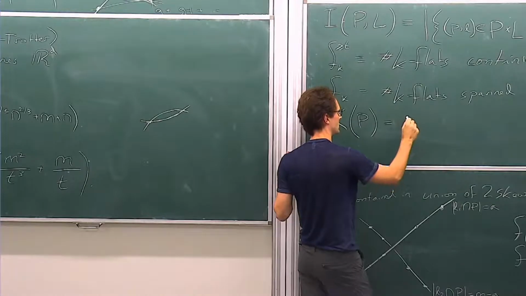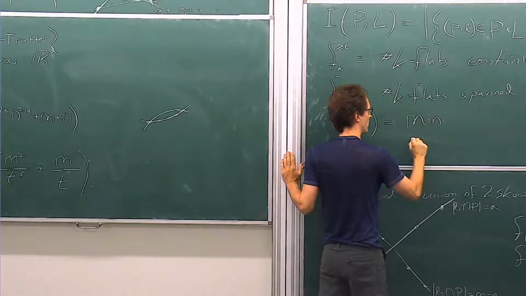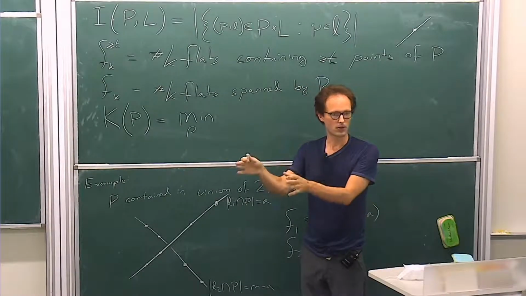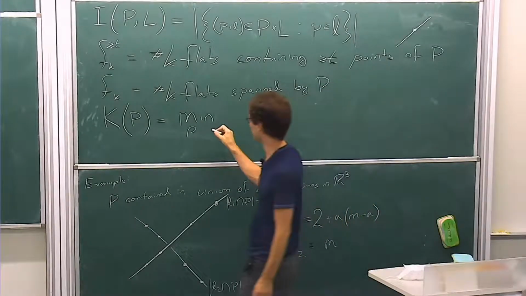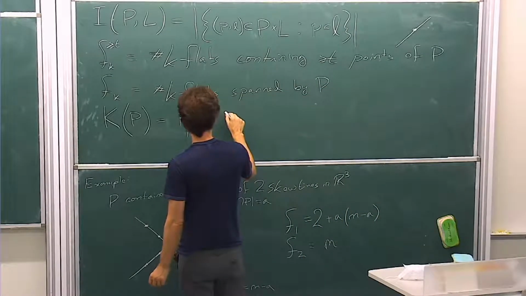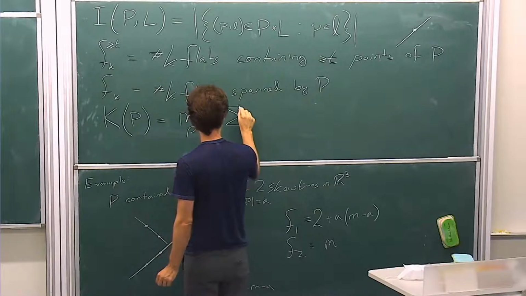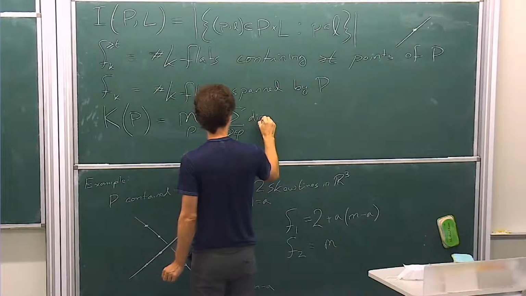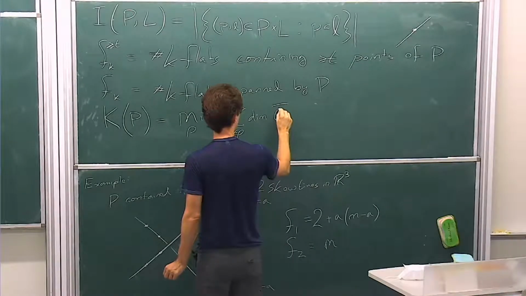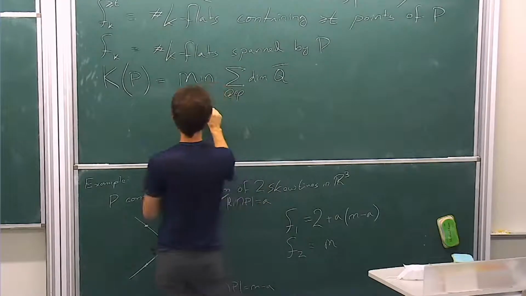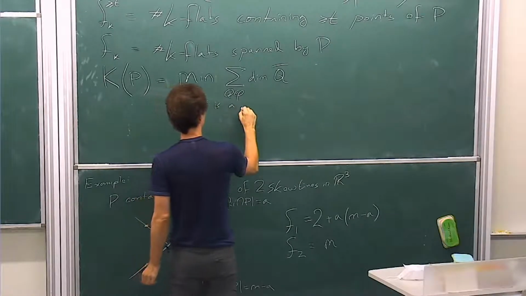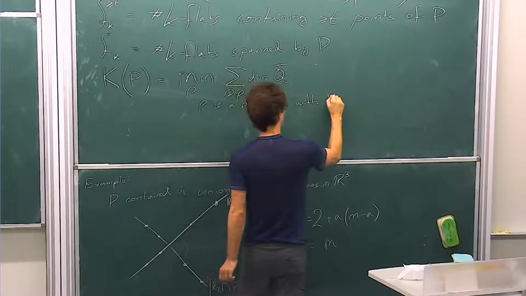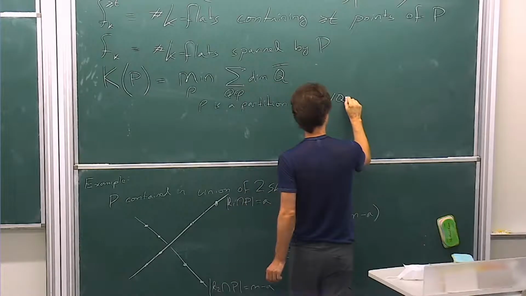And what this is, is the minimum over partitions rho, where every part has at least 2 points, of the sum over the parts Q in rho of the dimension of the span of Q. Here, rho is a partition of P with every part having size at least 2.